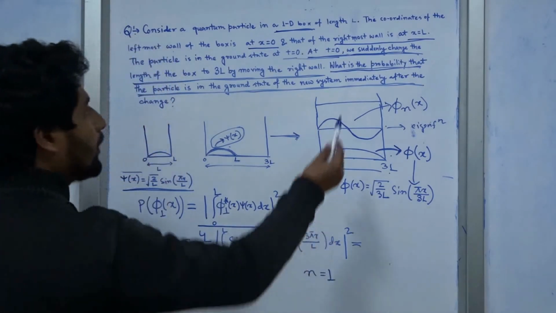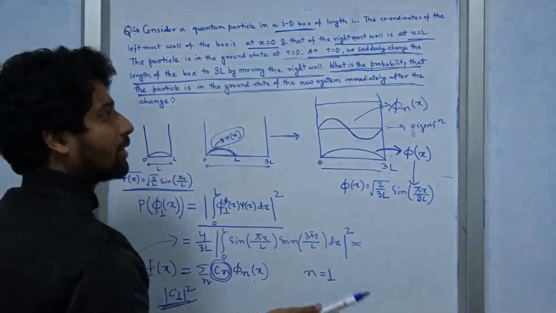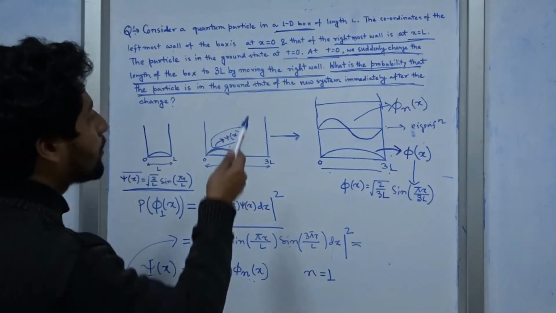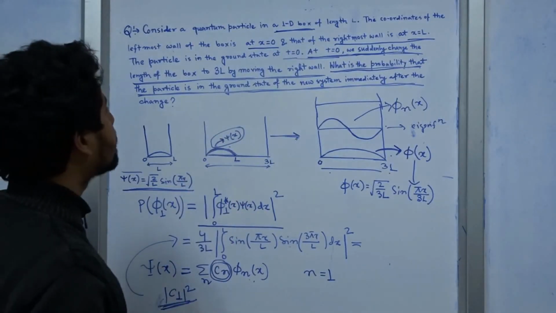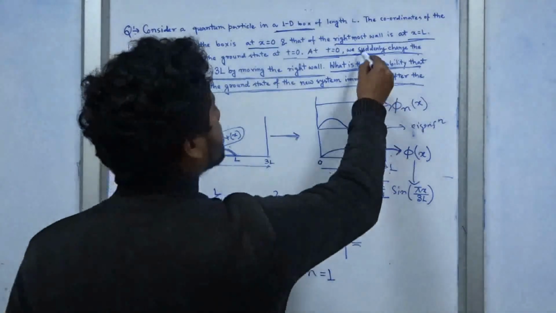So the key point here: whenever you see a sudden change or sudden expansion or this kind of problem, even if it is not written, as in other cases they wrote that the wave function is undisturbed, they use the words sudden change.